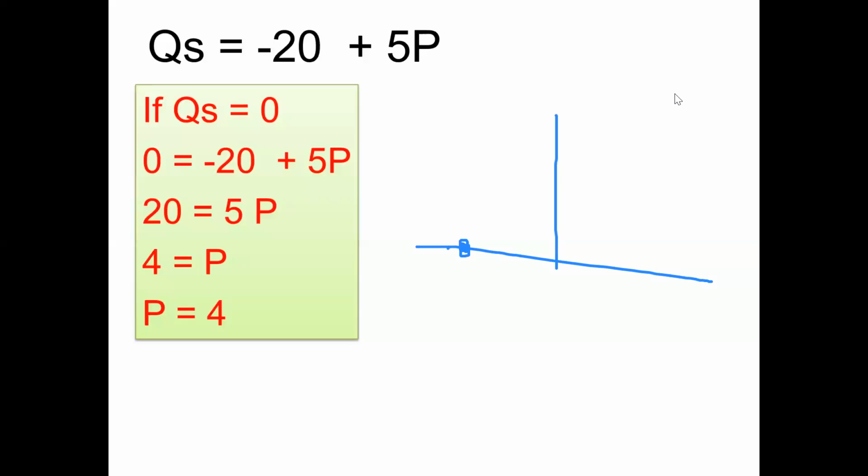We have done these examples. How do we find the next point? When P equals 0, you get somewhere around here, this point. That is not right. It is on the negative side, so it is no use.